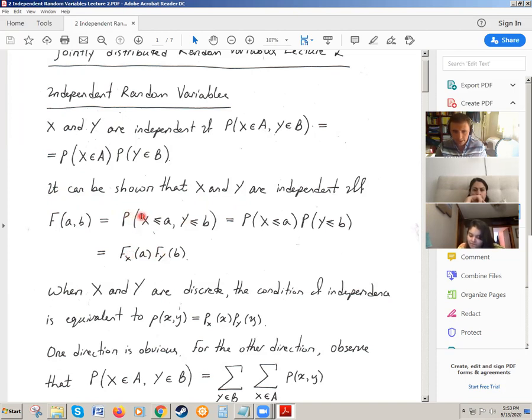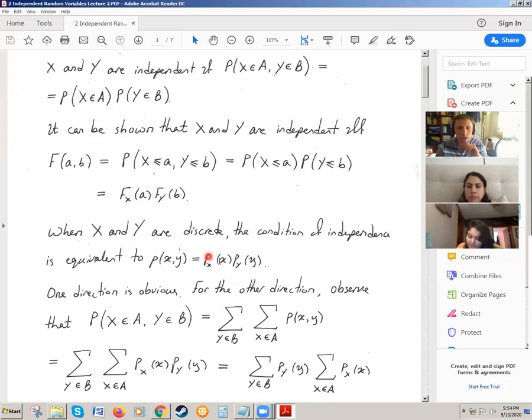That is, the probability that X is less than or equal to a and Y less than or equal to b is the product of the probabilities that X is less than or equal to a and Y less than or equal to b. Obviously if the set property is true, this will be true. But if this is true, that's sufficient to show that you will have this property for every measurable set, to be precise. You can define it in terms of open intervals.